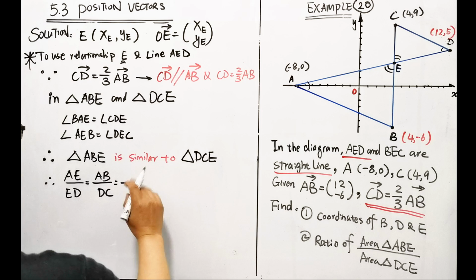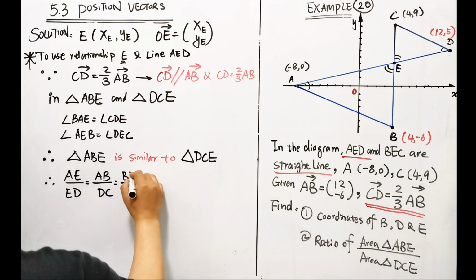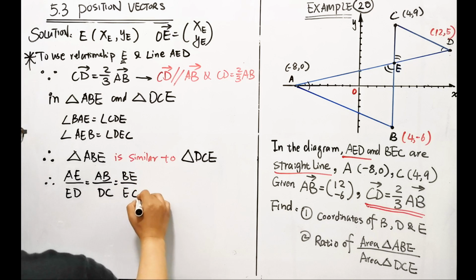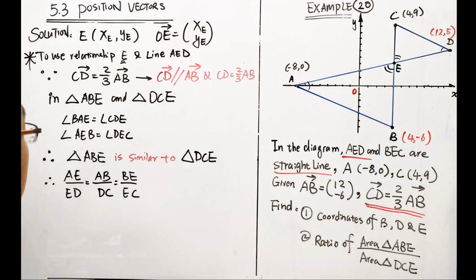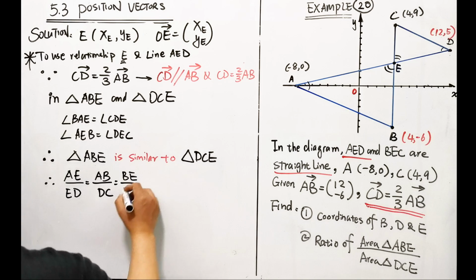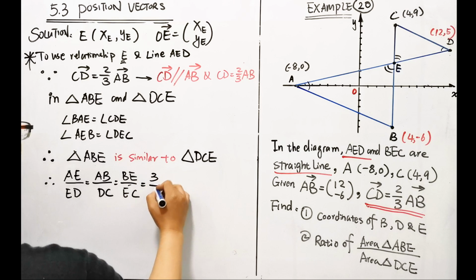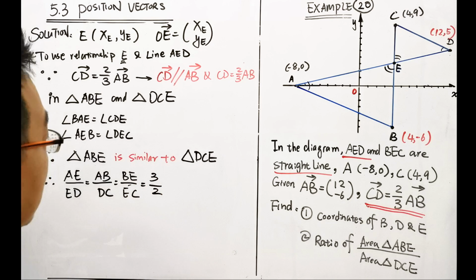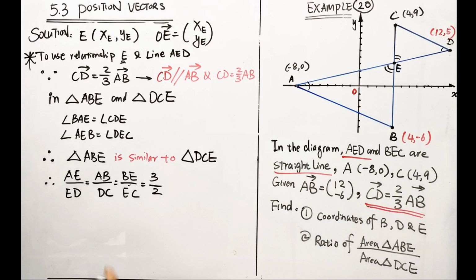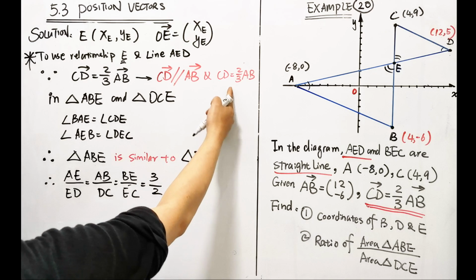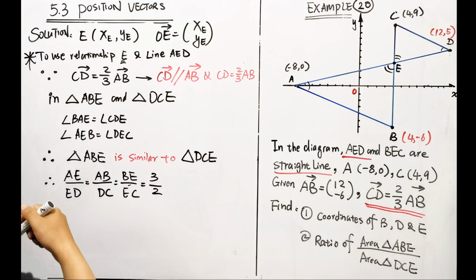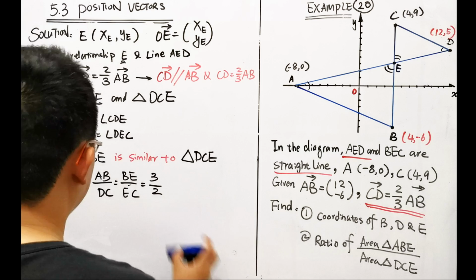Another one, we can find out is BE and EC. In fact, they also have the same ratio, 3/2, right? So that is the ratio. From here we can just come out here. In fact, we can write it the other way; it doesn't matter because from this ratio we can come out. Maybe we can write more clear.